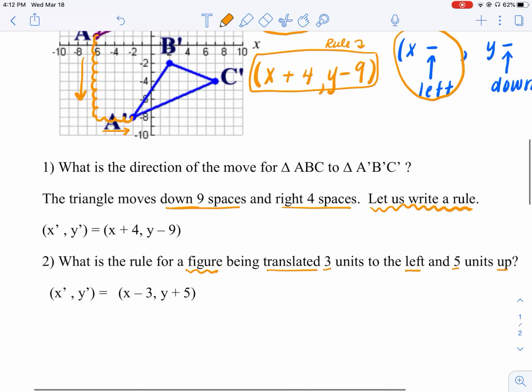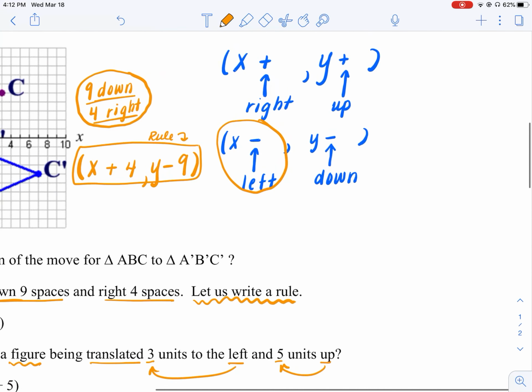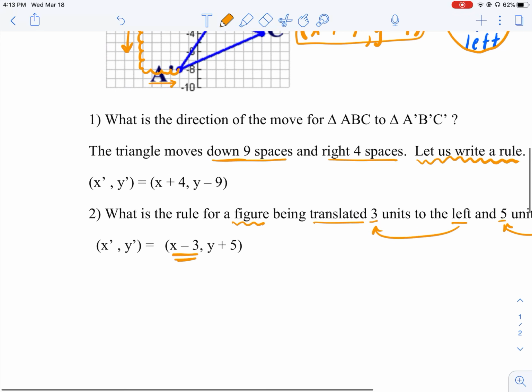And take a look at what they did here. x minus, however many times they went to the left, which is 3. Then it says they went up 5. And if it says up, I'm going to use y plus. So y plus 5. And this is how I write my rule.